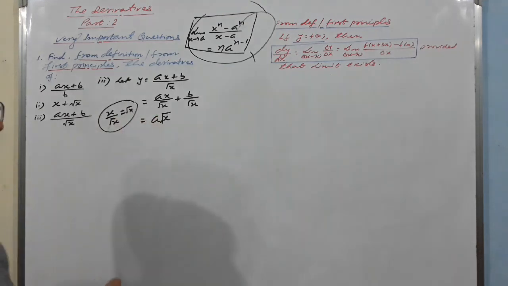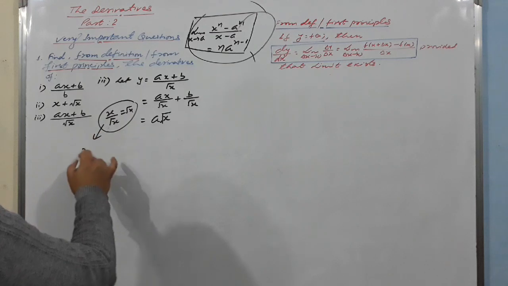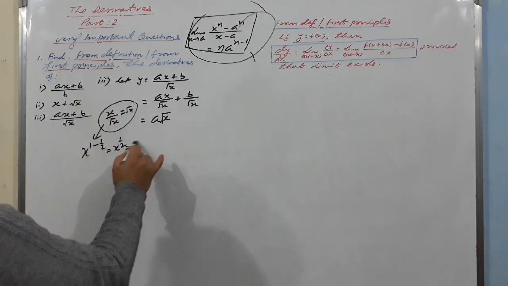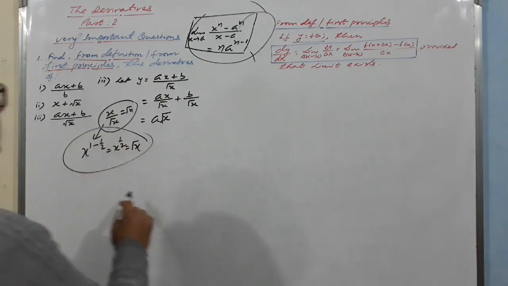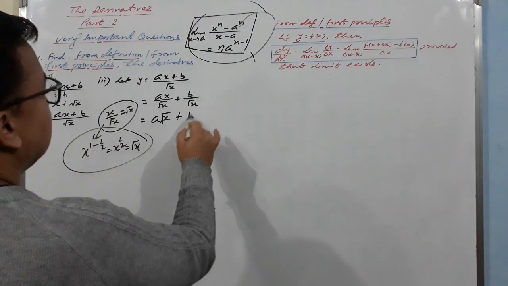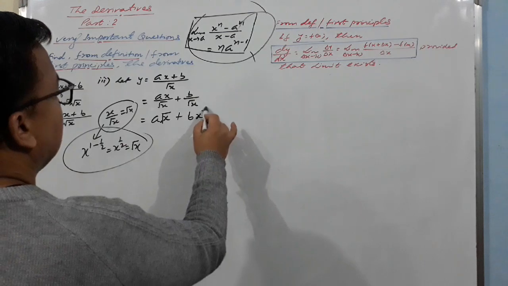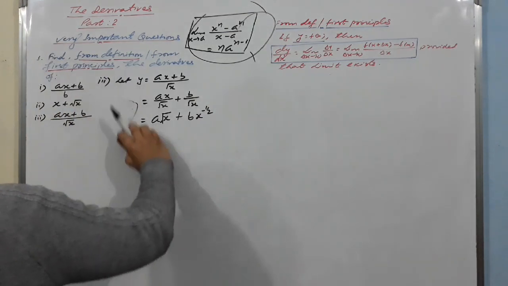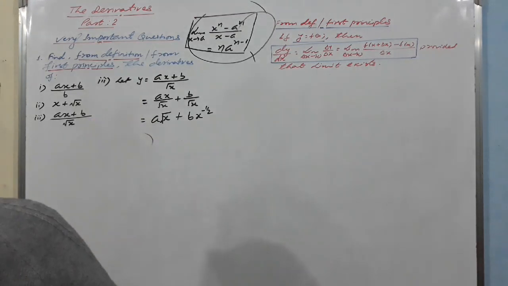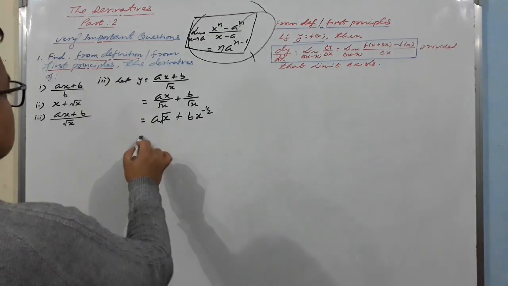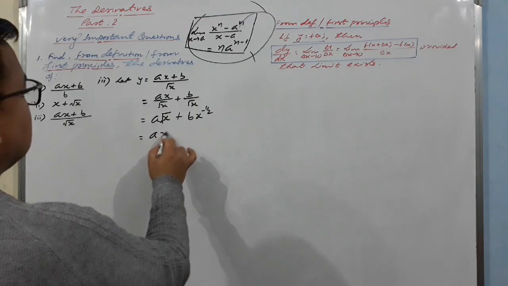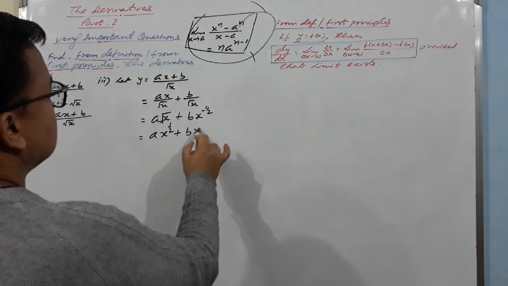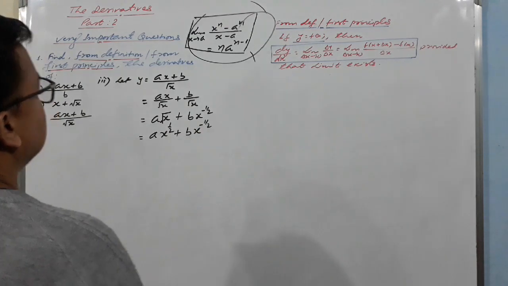By using the law of indices, x raised to 1 minus 1 by 2, you will get x raised to 1 by 2, which is equal to root x, and plus b times x raised to minus 1 by 2. So y equals a times x raised to 1 by 2 plus b times x raised to power minus 1 by 2.